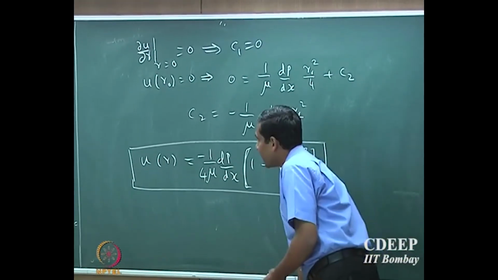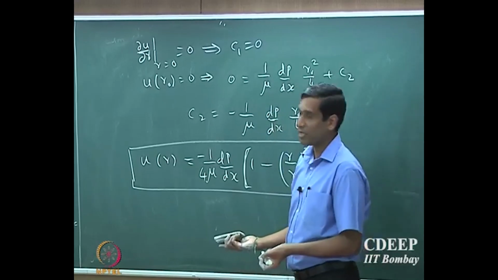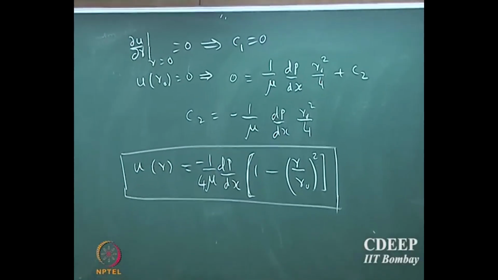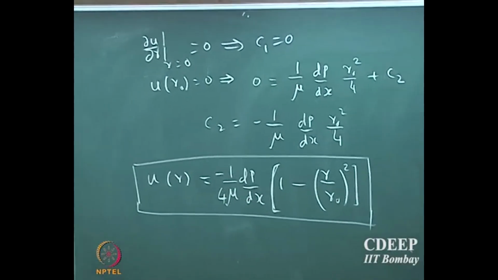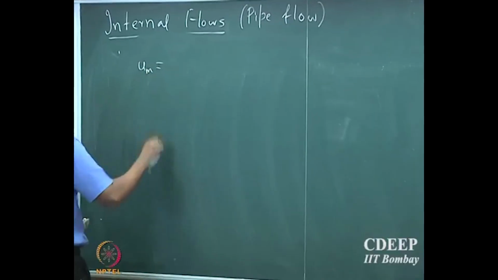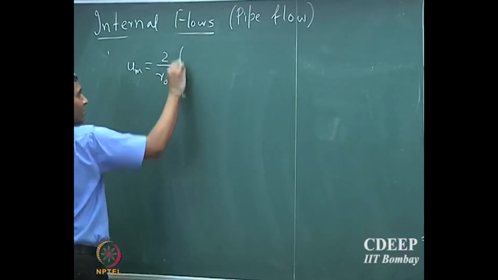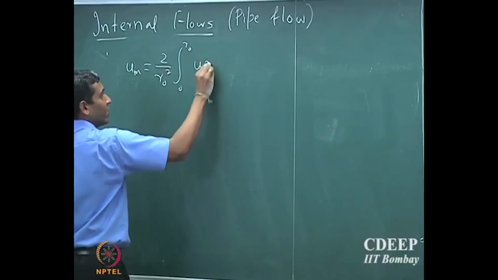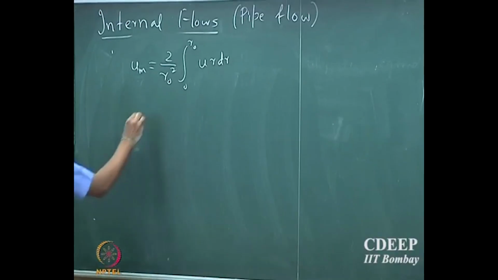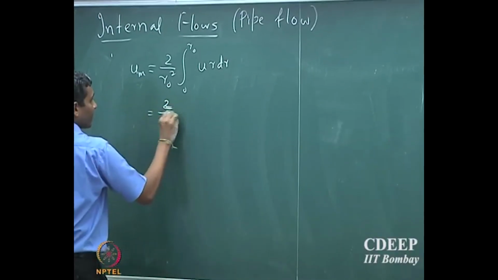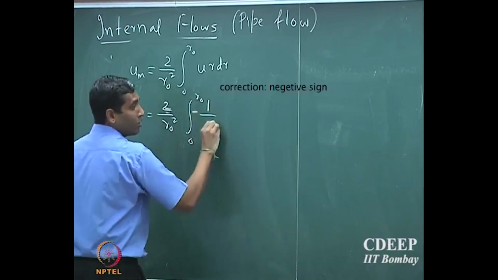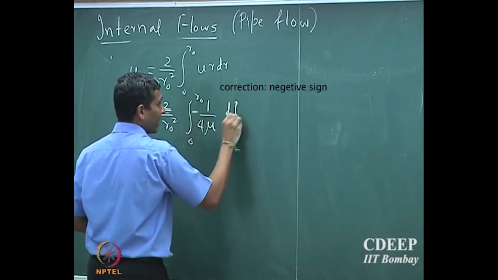So from here, now we should be able to find out what is the average velocity, which is the mixing cup velocity, 2 by r naught square integral 0 to r naught u into r dr, right? So I can substitute now the velocity profile. So that will be 2 by r naught square integral of 1 by 4 mu dp by dx.